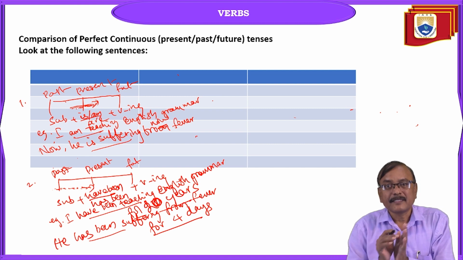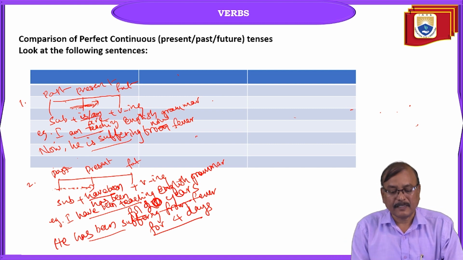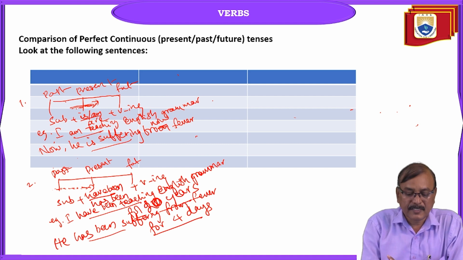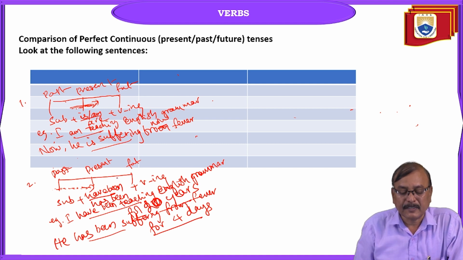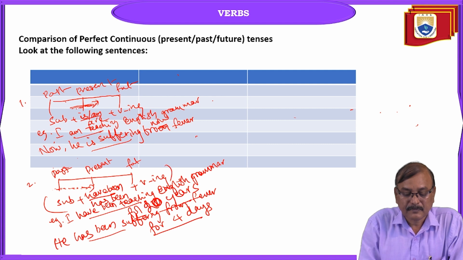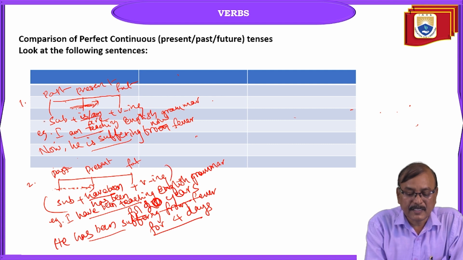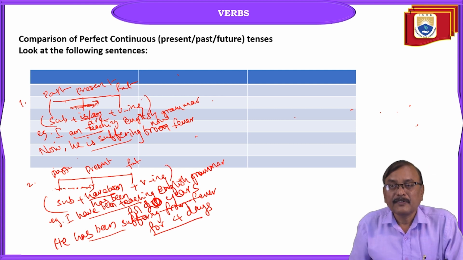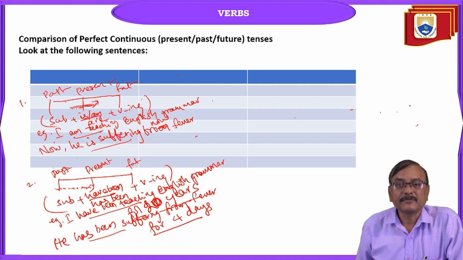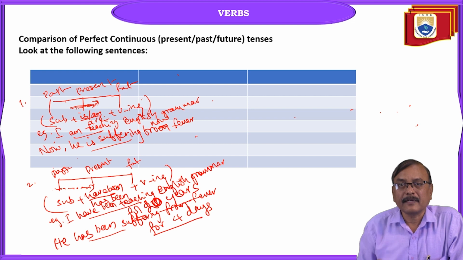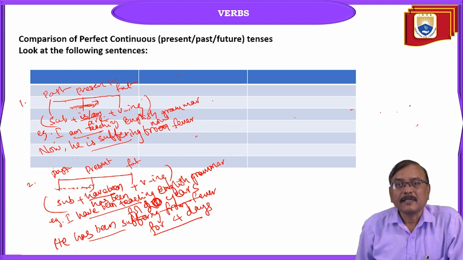How do we know that? Since plus time or for plus time. Use this present perfect continuous tense. If it is just now, at present, at this moment, use this present continuous. Now, got the difference?